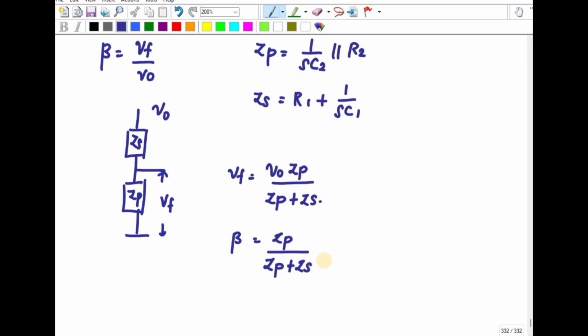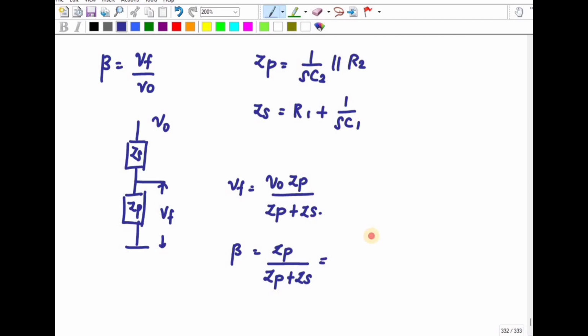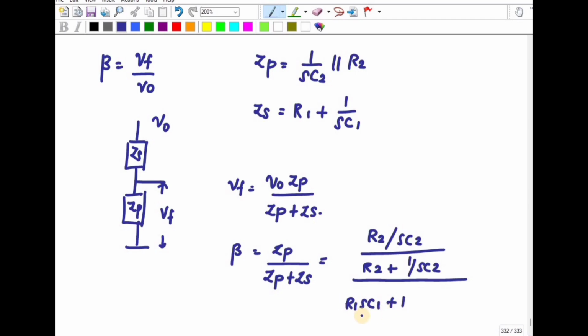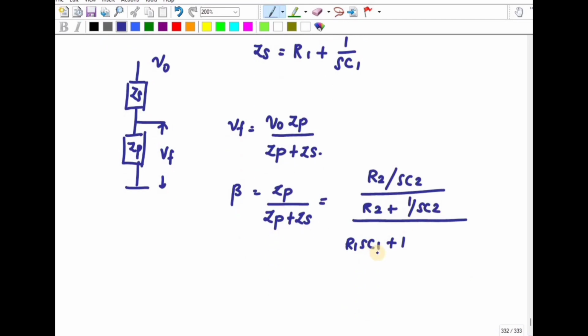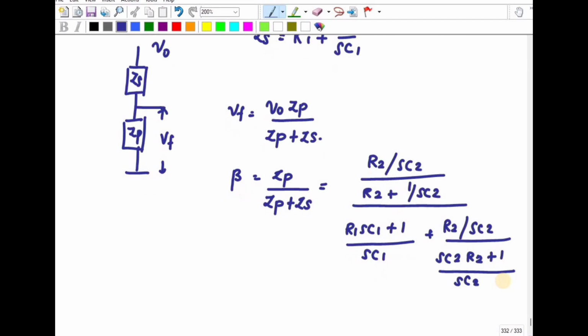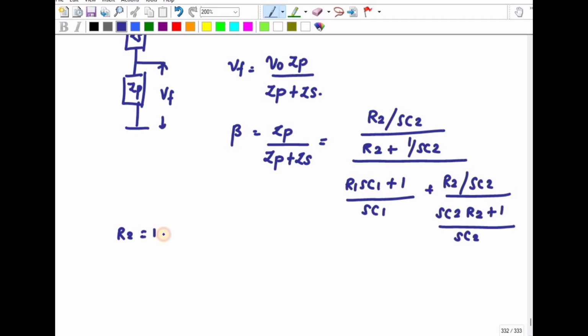So if you substitute, you will get R2 in parallel with SC2, so I can write R2 plus 1 divided by SC2, divided by R1 SC1 plus 1 divided by SC1 plus R2 by SC2 plus SC2 R2 plus 1 divided by SC2. Here R2 = R1 = R and C2 = C1 = C.